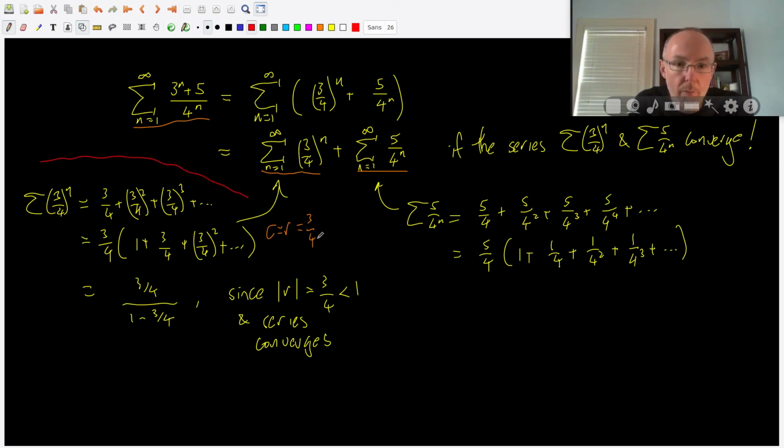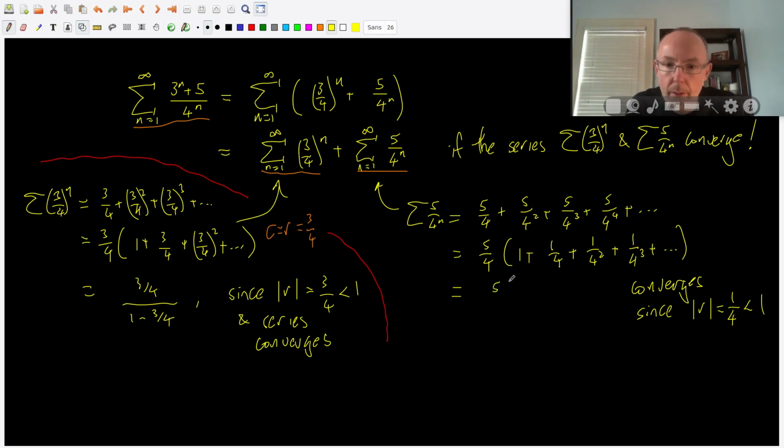Then I'll do the other calculation, and it converges since r in this case is 1/4, so this converges to c, which is 5/4, over 1 minus r, which is 1/4. If we work these things out, we get 5/3 for this one, and in this case we end up with 3/4 divided by 1 minus 3/4, which is 1/4, and so that's going to be 3.